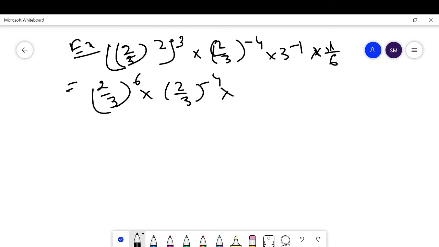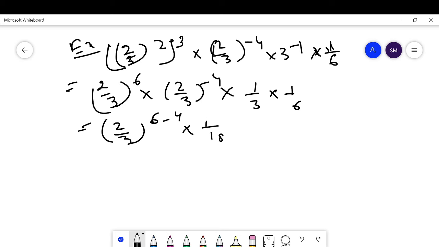3 to the power minus 1 means 1/3 into 1/6. Here there is a multiplication sign between the 2/3 terms, you know the exponents get added. This is 1/18.